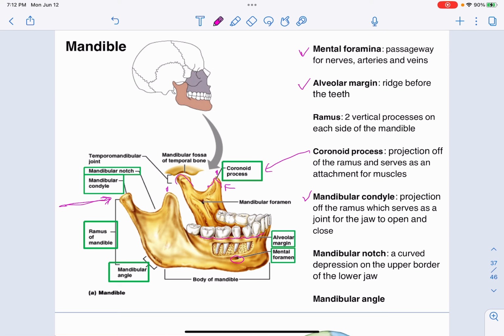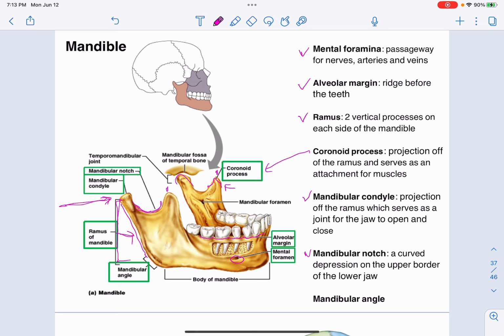All right, in between those 2 processes is this dip right here. That is called the mandibular notch. That's a depression between the coronoid process and the mandibular condyle. And then we have the ramus. The ramus is this whole area here. This part right here is the ramus.